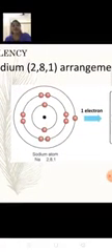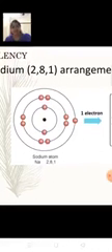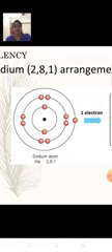Now in sodium, the electrons are arranged as 2, 8, 1. You will learn more in detail in the 4th chapter what the rules behind arrangement of electrons are. Now this is an atom of sodium.